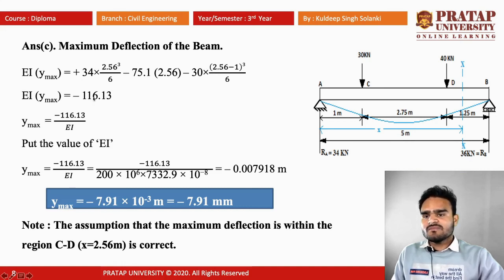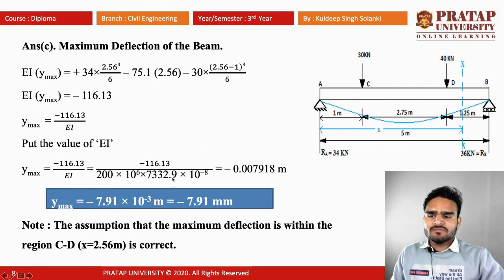After solving this term, this value is 116.13, and EI is a constant, so transfer it to the downward side, and we know the value of EI, given in the equation. So put the value of E, which is 200 into 10 power 6, and I, the moment of inertia, is 7332.9 into 10 power minus 8.